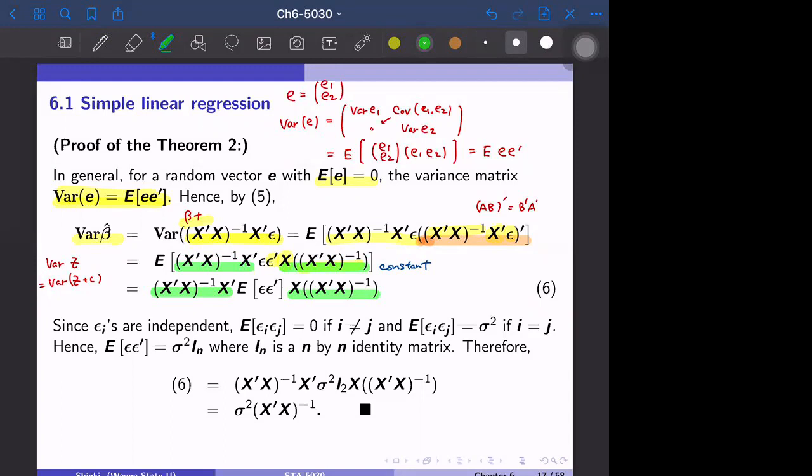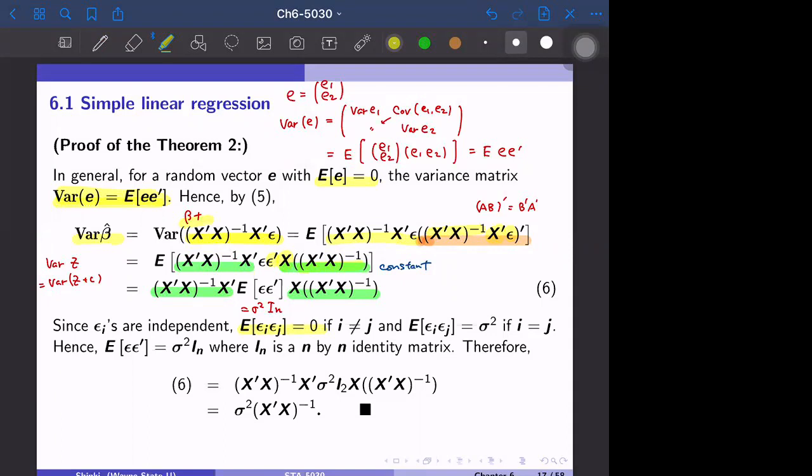So essentially this is the expectation of epsilon, epsilon prime. But the expectation of epsilon epsilon prime is equal to sigma square times the identity matrix with dimension n, because the epsilon is assumed to be independent. So the expectation of epsilon i epsilon j is equal to 0, because these are independent.